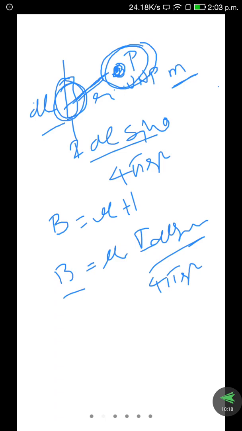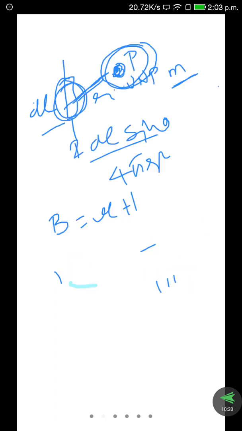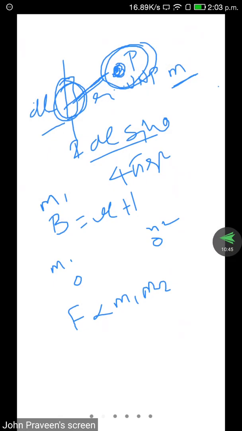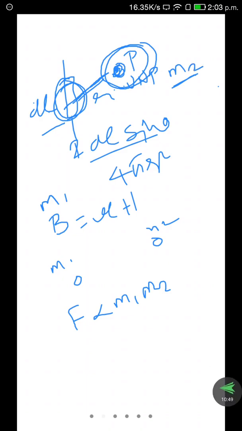But when we saw the first concept, in case of Coulomb's law, if two charges are placed here, it is M1 and M2. So how can we say force is directly proportional to the product of two poles? So the concept we are using here is: B we are assuming as M1, and what we located here we are assuming as M2. So according to that, how can we write here?